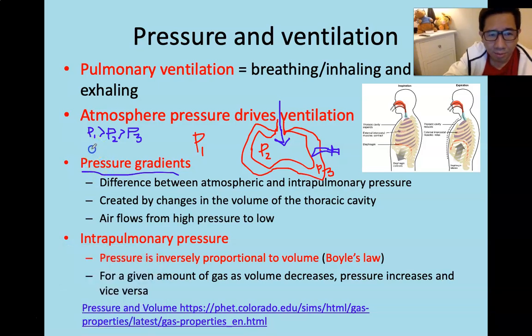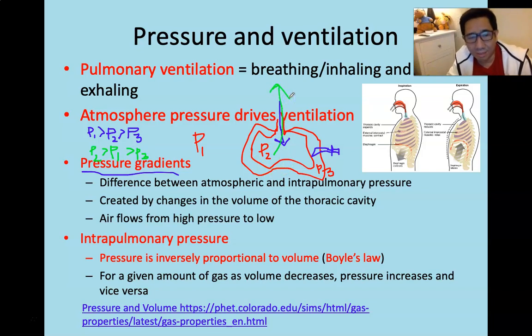When your P2 is greater than P1, this is when your air is coming out, and your P3 is always the lowest, because that's almost the vacuum. So when that happens, you force the air to come out. That's when you exhale. You're forcing your P2 to be higher, and then the air will come out from your mouth and your nose.